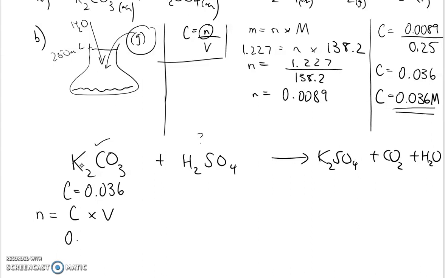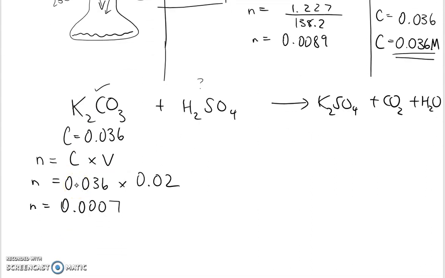Okay, so this is a little bit trickier. So the 20 mL aliquot is 0.02 litres. So we need to multiply that concentration value by 0.02. That's going to give us a value of 0.0007. So that's the amount of moles that is reacting with the sulfuric acid. And so we can see that we have a 1-to-1 ratio here.